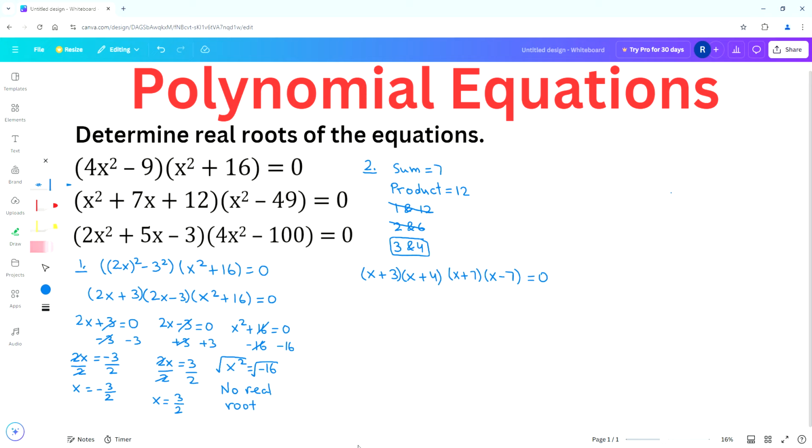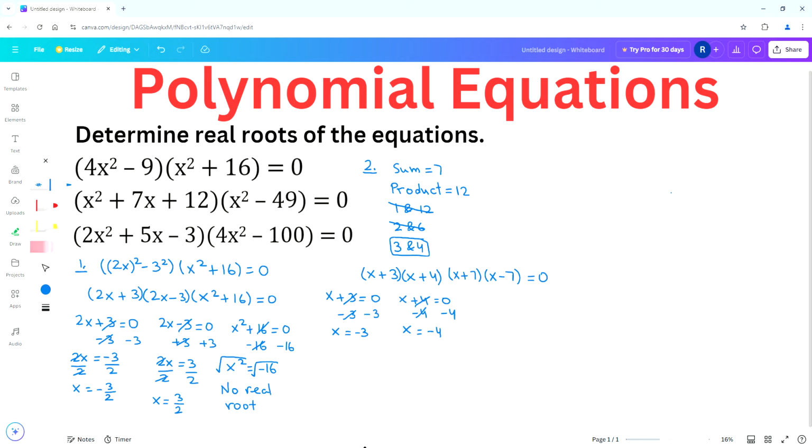So let's start with the first factor, x plus 3. We should set it equal to 0 and solve for x. So the first real root is negative 3. Now we can analyze the second factor. The second real root is negative 4.